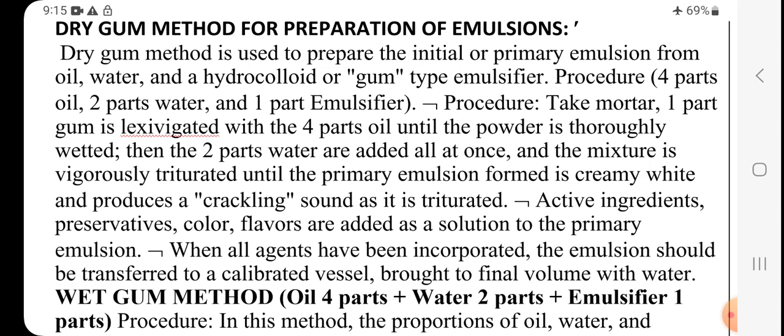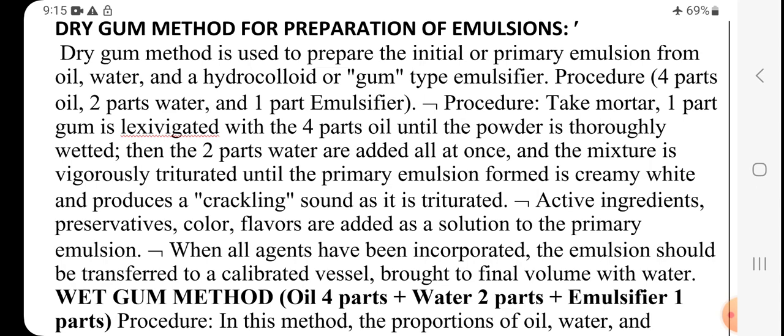So this is known as the primary emulsion: you are mixing firstly gum, then oil, then water, and they are primarily mixed. It is creamy white and produces a crackling, clicking-like sound as it is triturated.